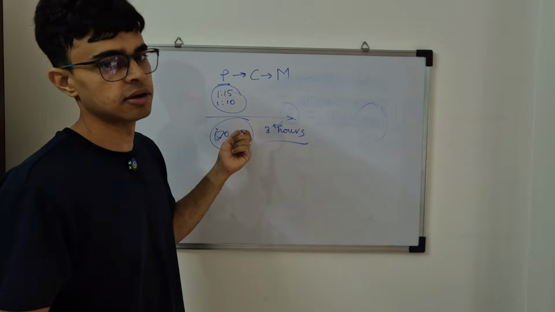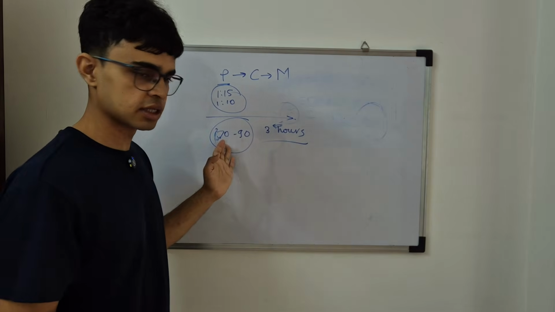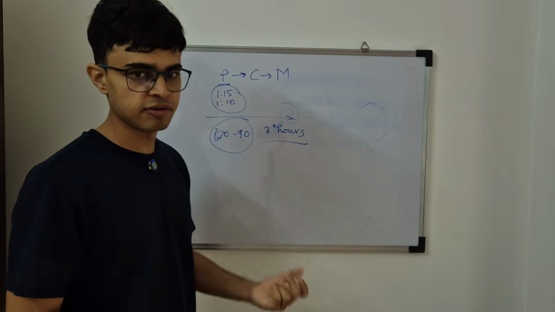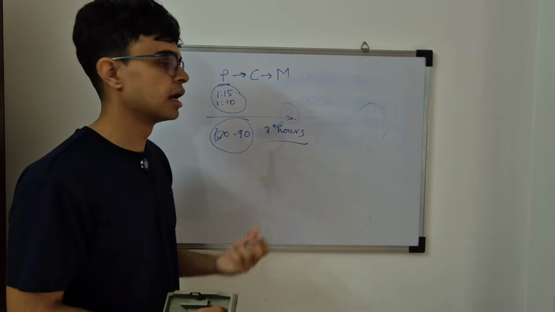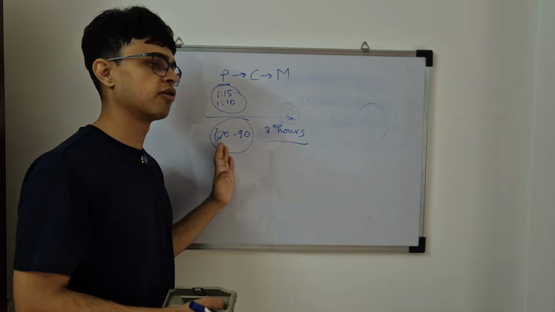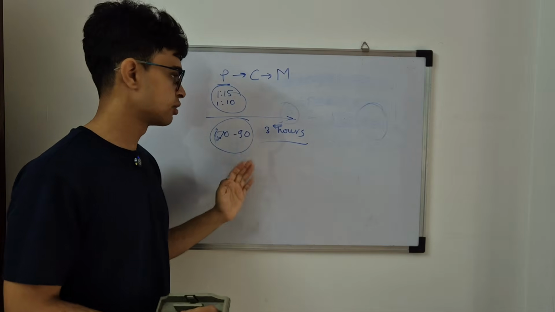After solving physics, I gain much confidence that okay, 1 hour 15 minutes has passed and I have already scored around 70 to 90 marks, because I'm confident about that subject.